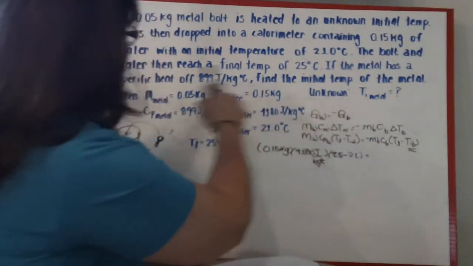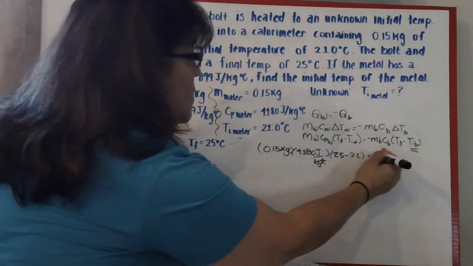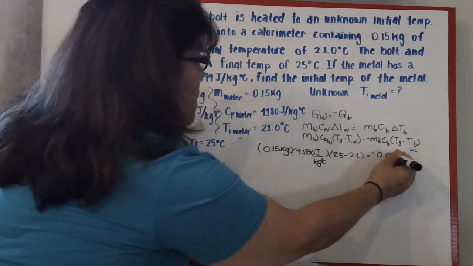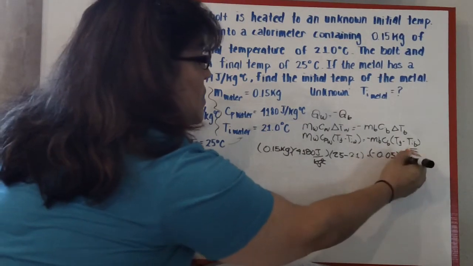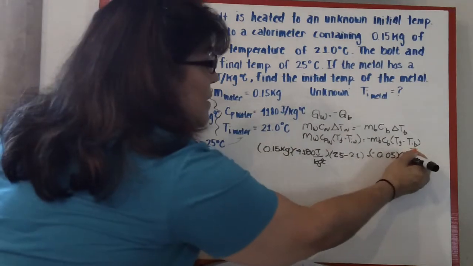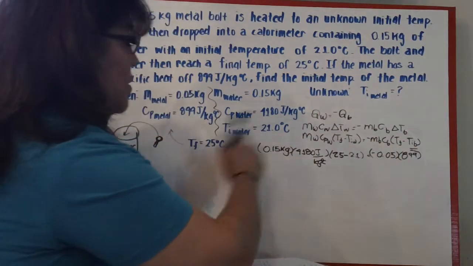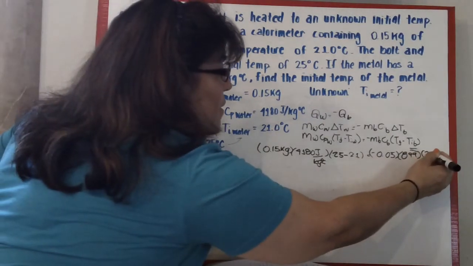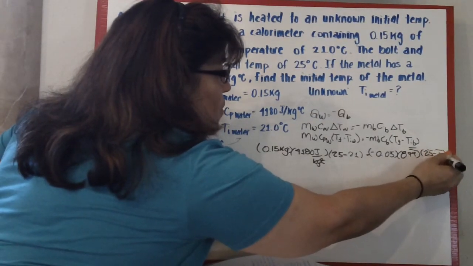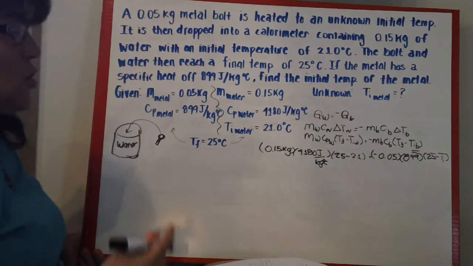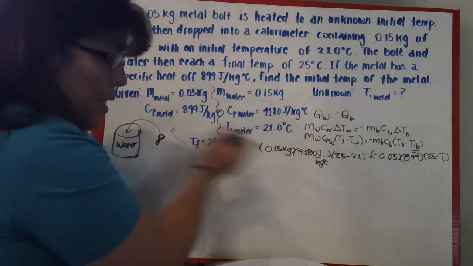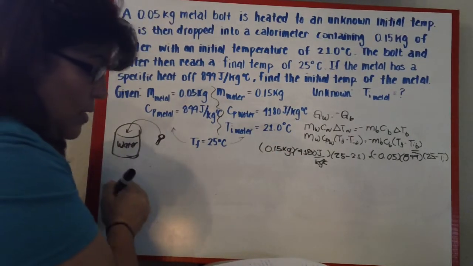The bolt, we know the mass of the bolt. We know the CP of the bolt is 899. We know the final temperature of the bolt is 25 minus this unknown initial temperature of the bolt. So if we do some calculations, we can get a number over here.